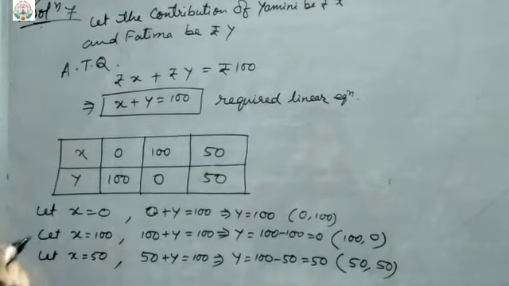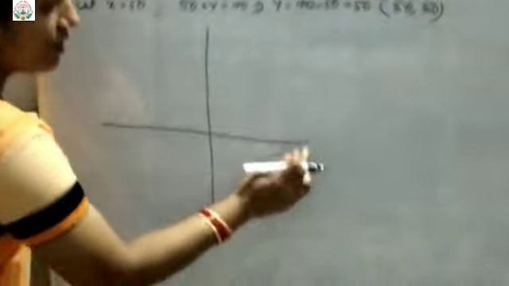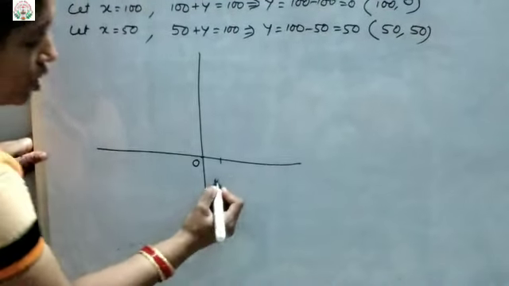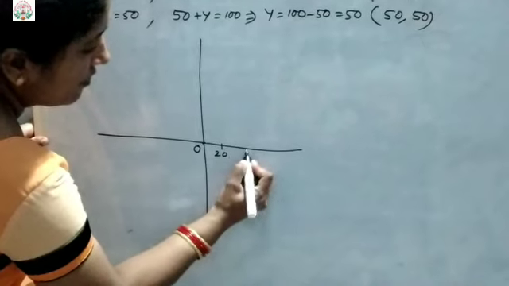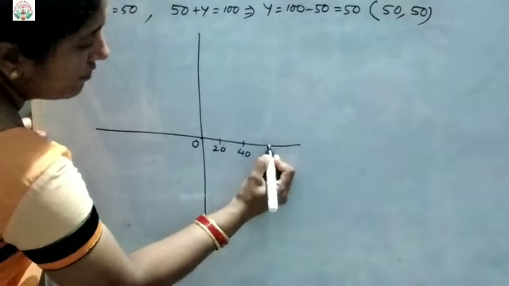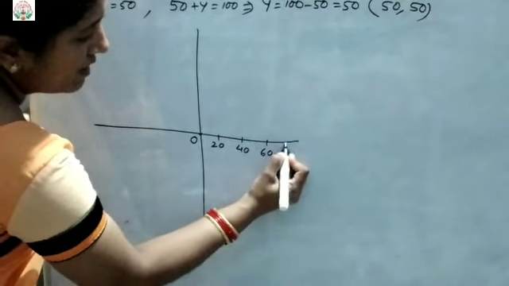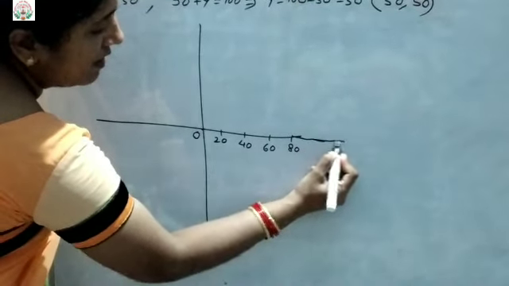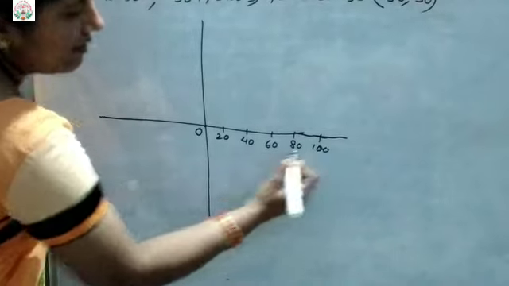Now we have to plot the graph based on this. So what will you do? From the origin, here you will take 20, 40, 60, 80 and 100.